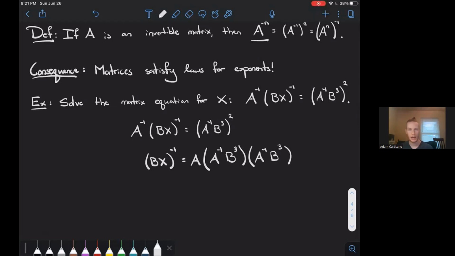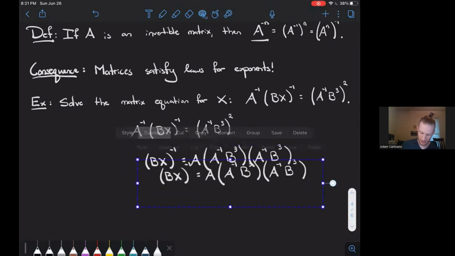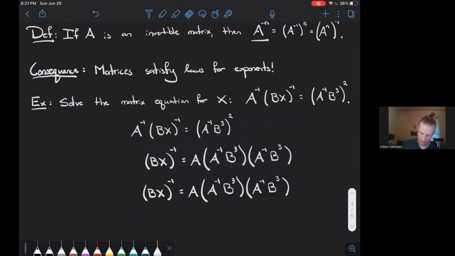Why? Because I'm about to have to take the inverse of both sides. I'm not going to do that yet. First, notice I can use the associative property. Let me copy both sides, because I want to show our work in as much detail as possible.